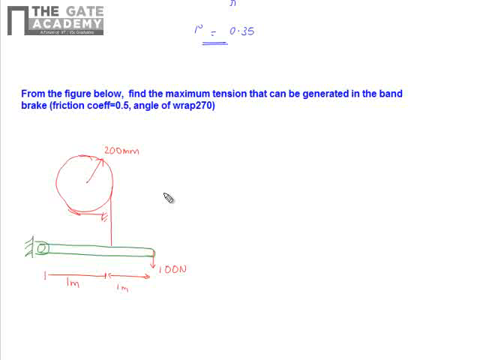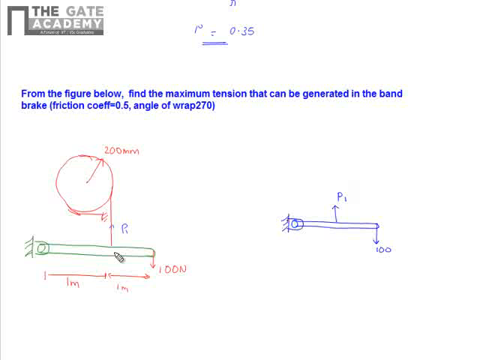Now how do we do this? Suppose this tension is given as P1. If you take the free body of this lever, it can be drawn as a force of 100 newtons applied here and a force of P1 here, and this is the hinge point.